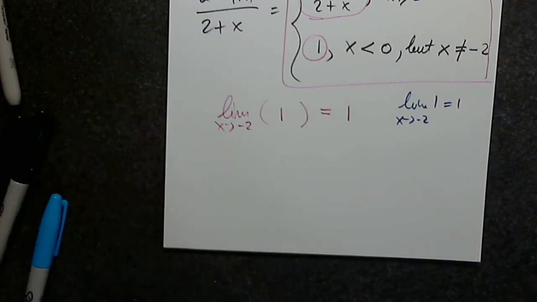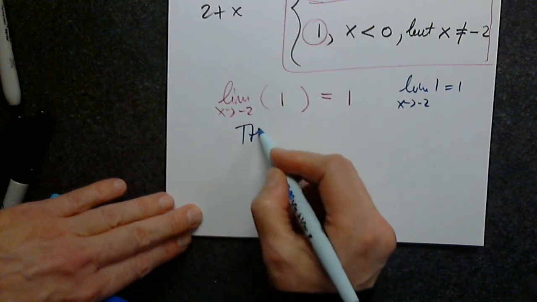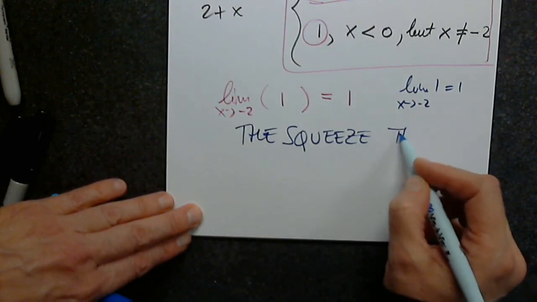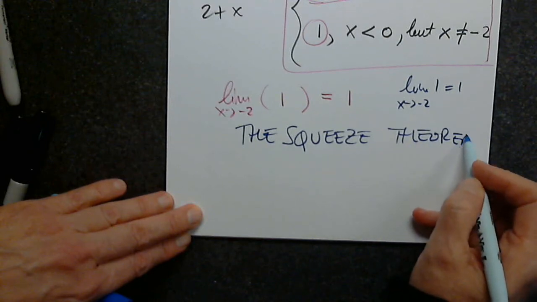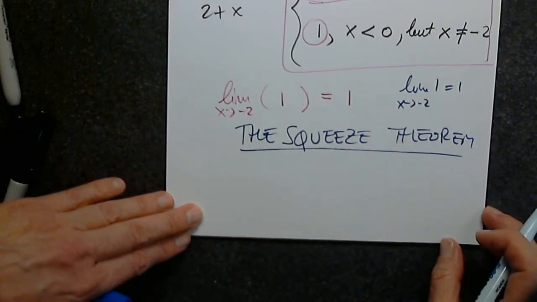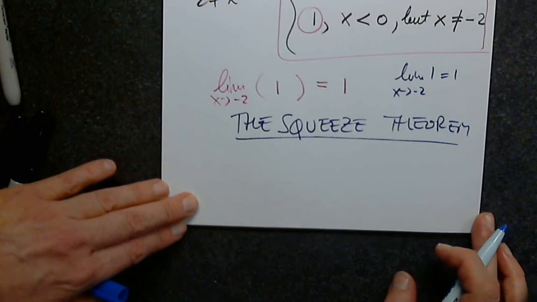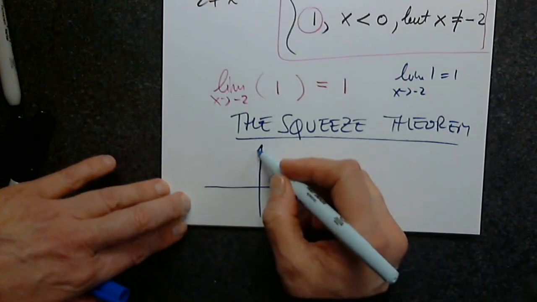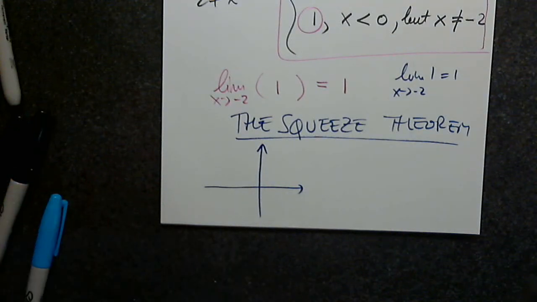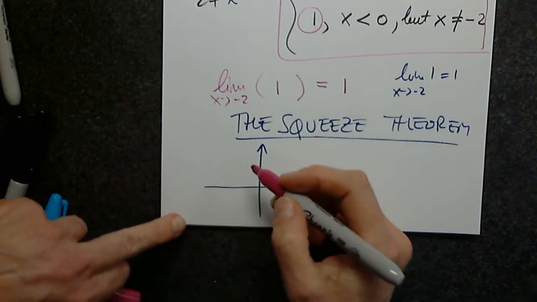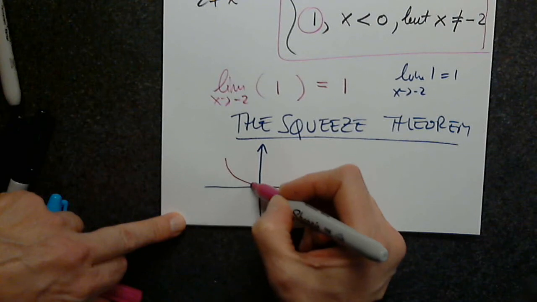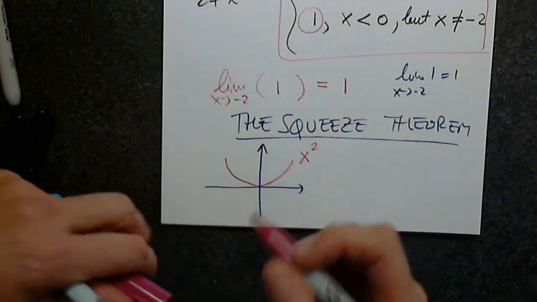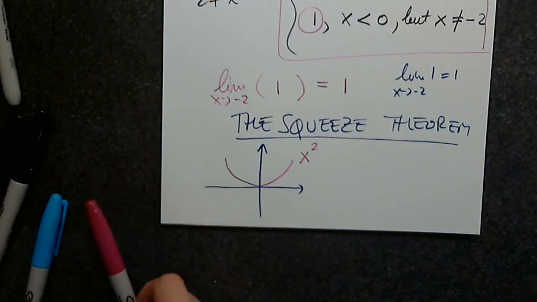Okay, so the squeeze theorem. And you'll see it in applications in a minute. So here's the idea. I'm simply going to copy that graph. So here's one graph of the upper function, let's say x squared, or any function.